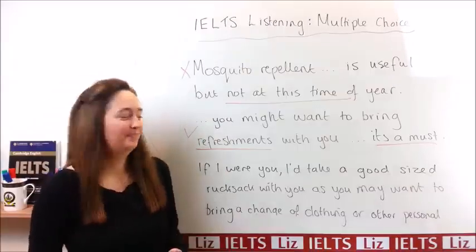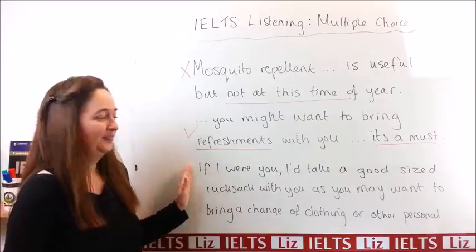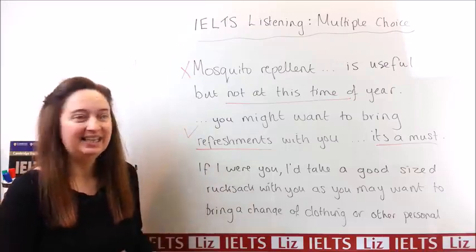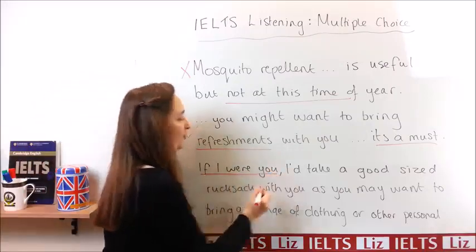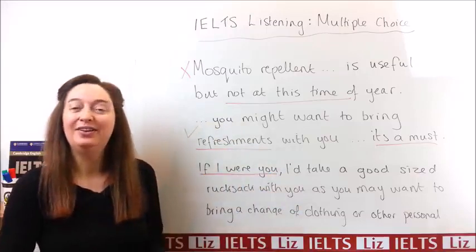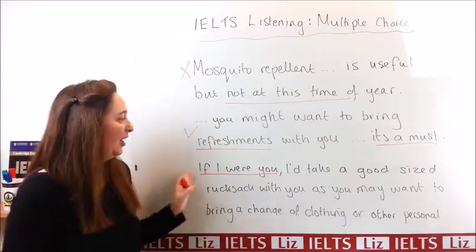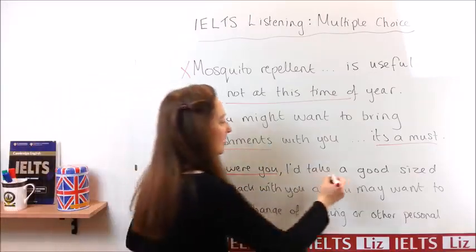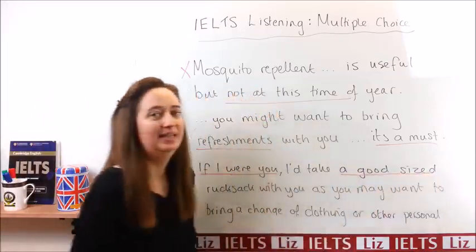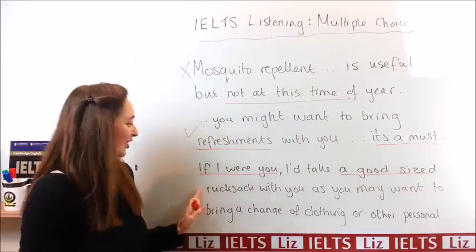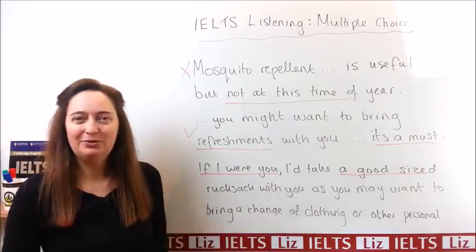The next one, if I were you. Now immediately we can see, if I were you, that is the beginning of a recommendation. If I were you, I'd take a good sized, that means large, rucksack. Do you know what rucksack is?